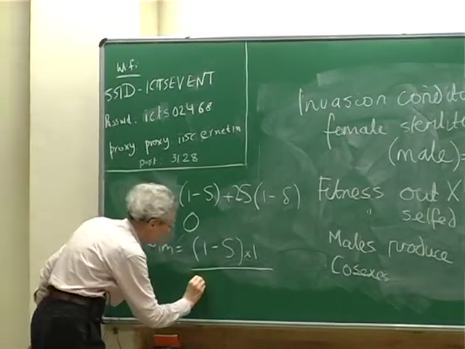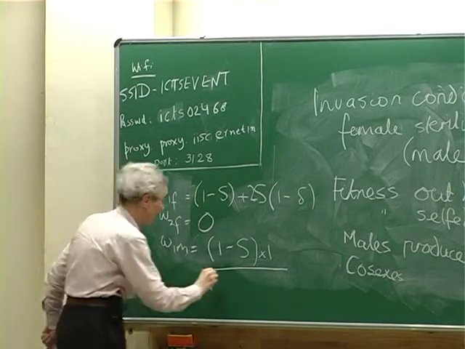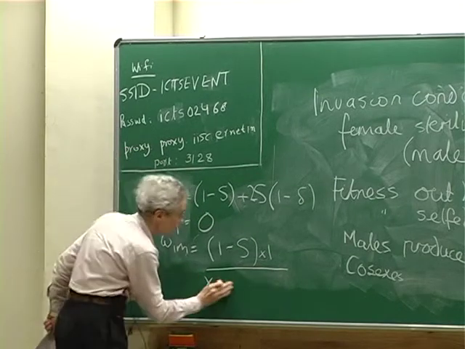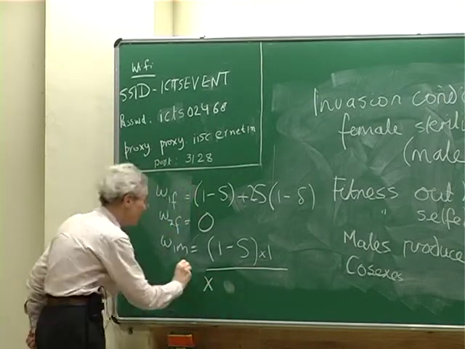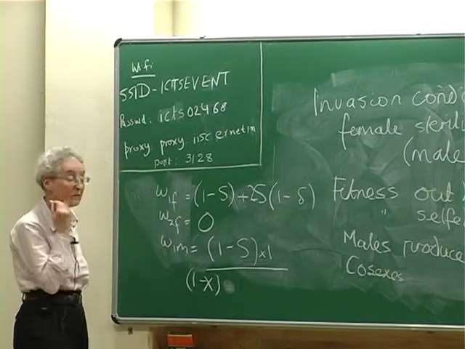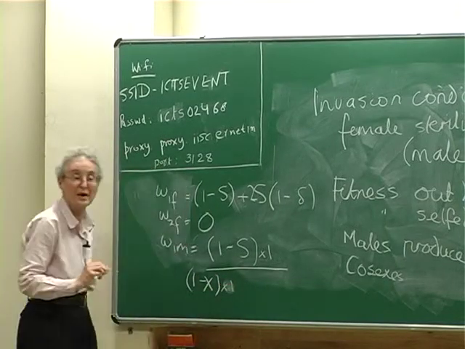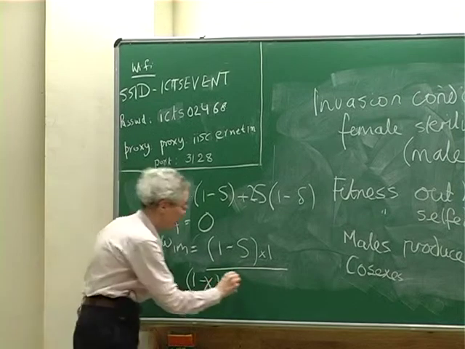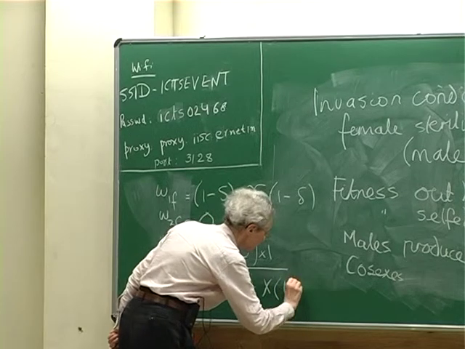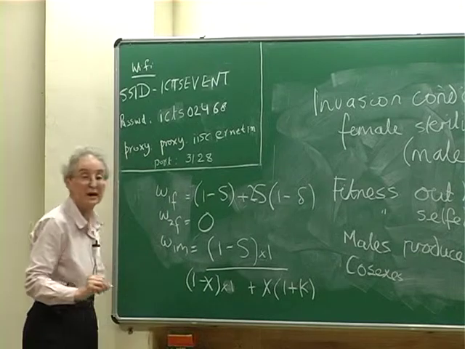So we're going to have 1 minus X, let's start with. We have to divide by total male gametes that go in. These have output 1 of male gametes, and then the other ones have 1 plus K male gametes, like that.